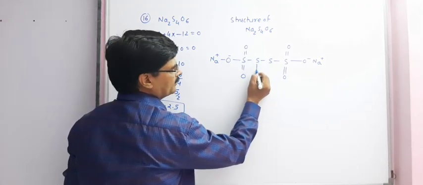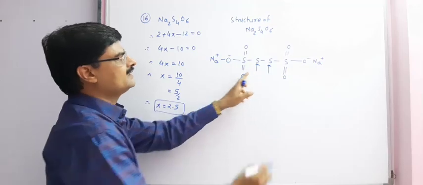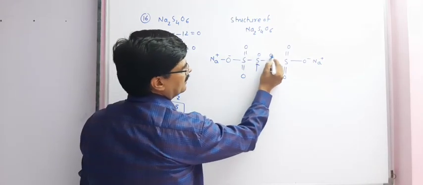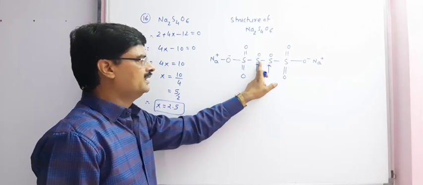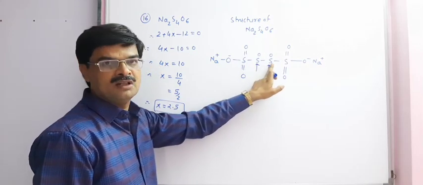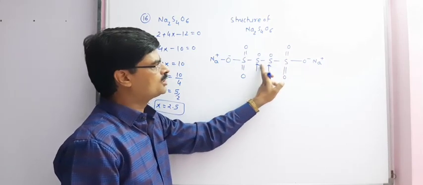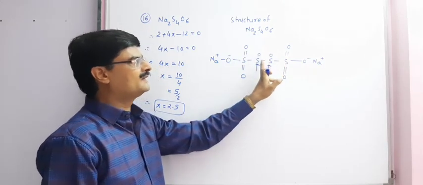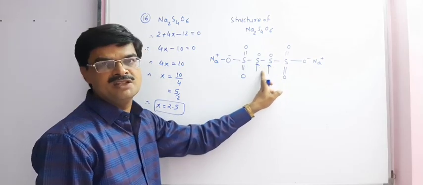Now for this sulfur and this sulfur, the oxidation state will be 0, because this sulfur is attached to two other sulfur atoms. Same way this sulfur is also attached to these two sulfur. That is why the oxidation number of the central sulfur will be 0.